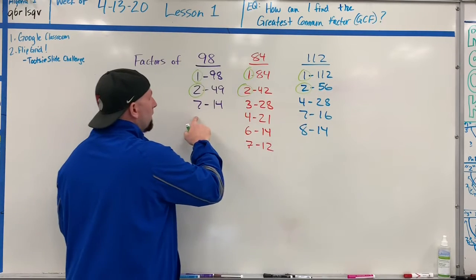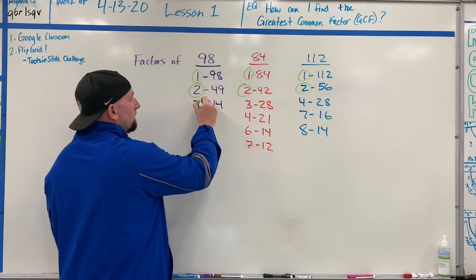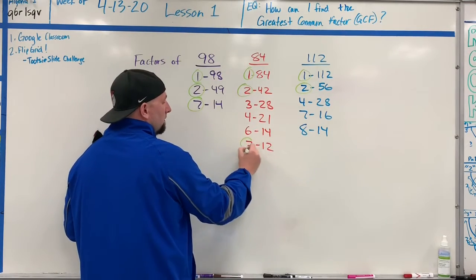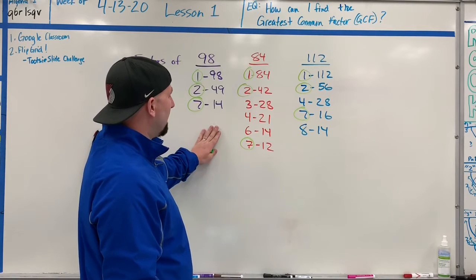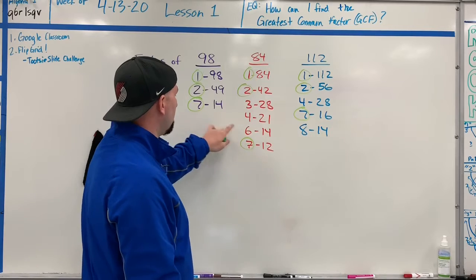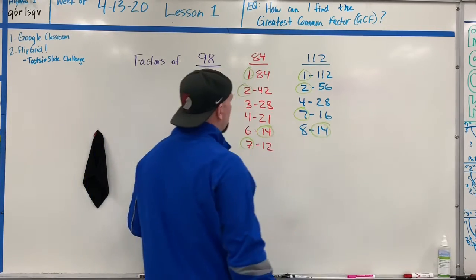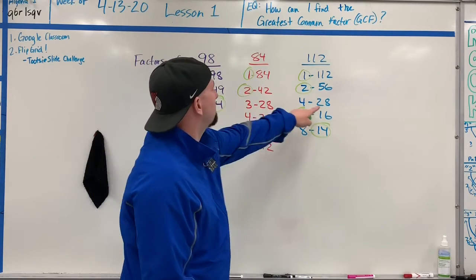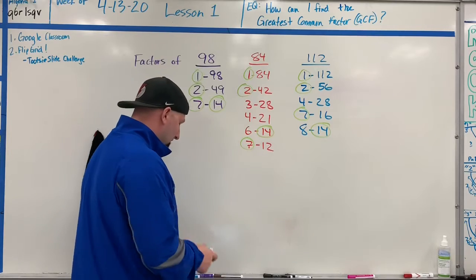We got 3, no. We got 4, no. 5, no. 6, no. 7. 8, nope. 9, 10, 11, 12, nope. 14, we got 14. Looks like 28 is common there. That's it.